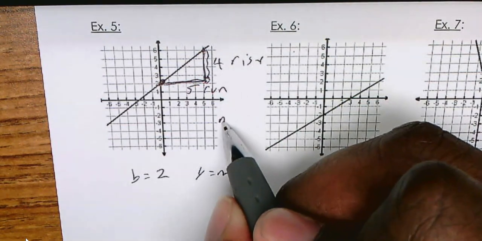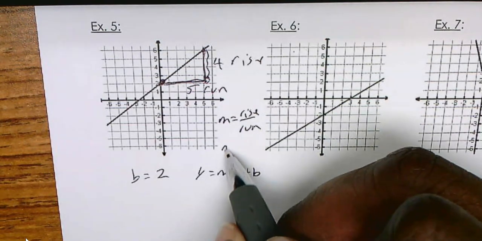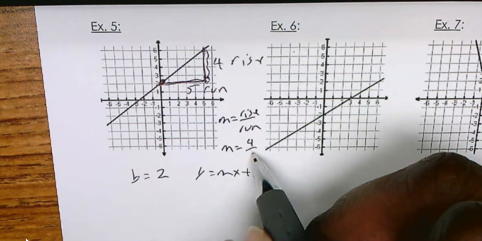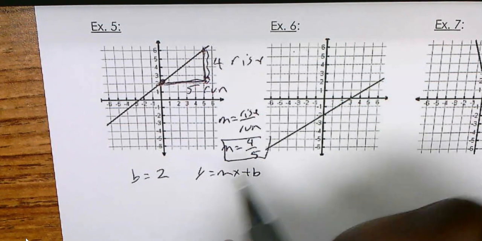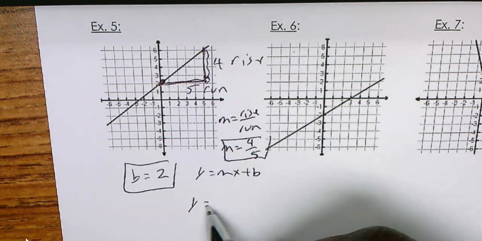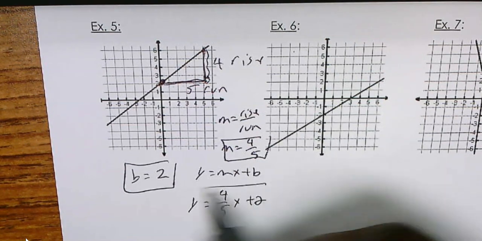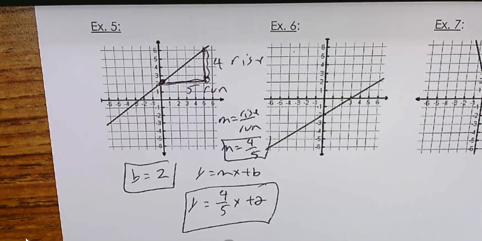My slope is rise over run, so my slope is 4 over 5. So I know b and I know m. When I write the equation, it should be y equals 4 over 5x plus 2. And that's the equation in slope-intercept form for that line.